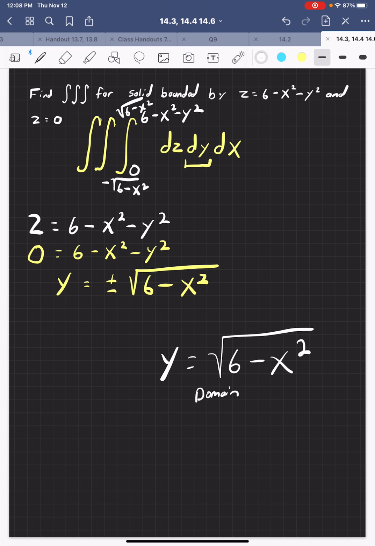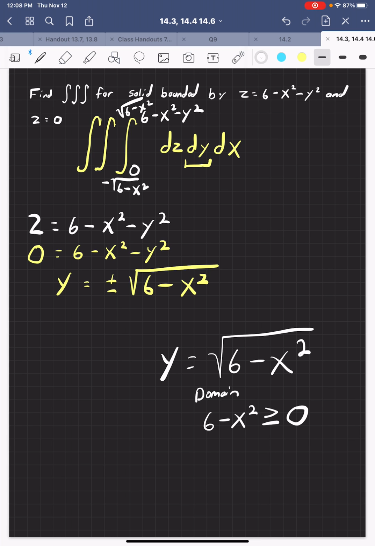And what we know is that our 6 minus x squared, that radicand, must be greater than or equal to 0. Right? It's okay to take the square root of 0, or anything larger, just not smaller if you want to stay in the real number system.